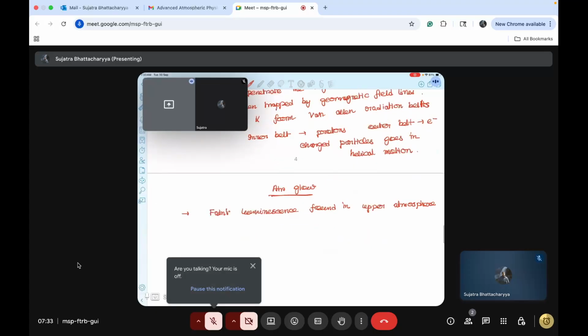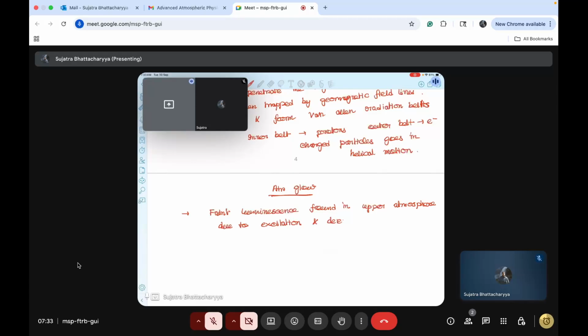But why is it found? Due to excitation and de-excitation of atoms and molecules by interacting with solar radiation.